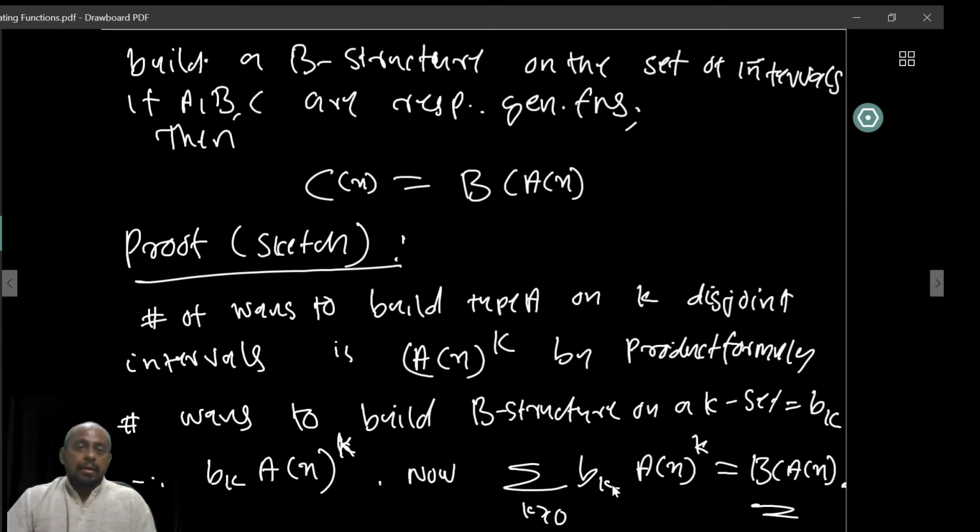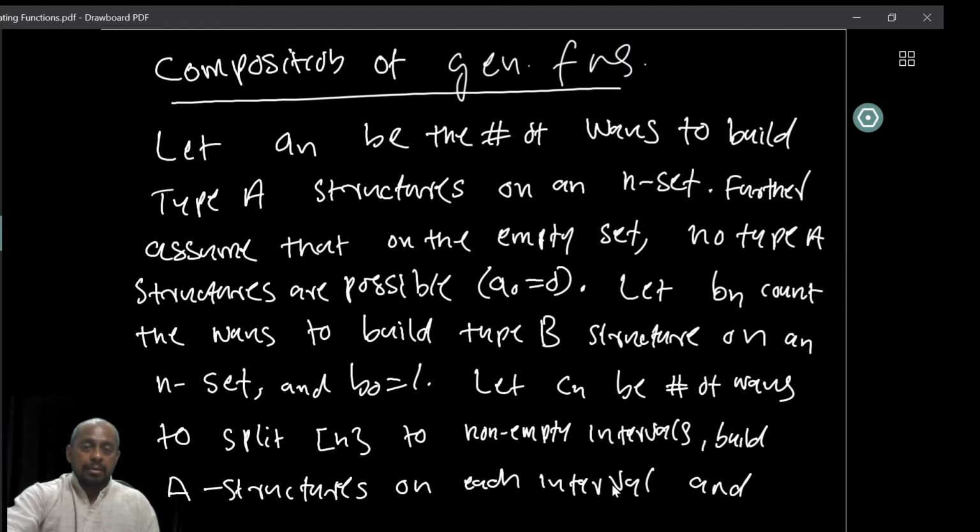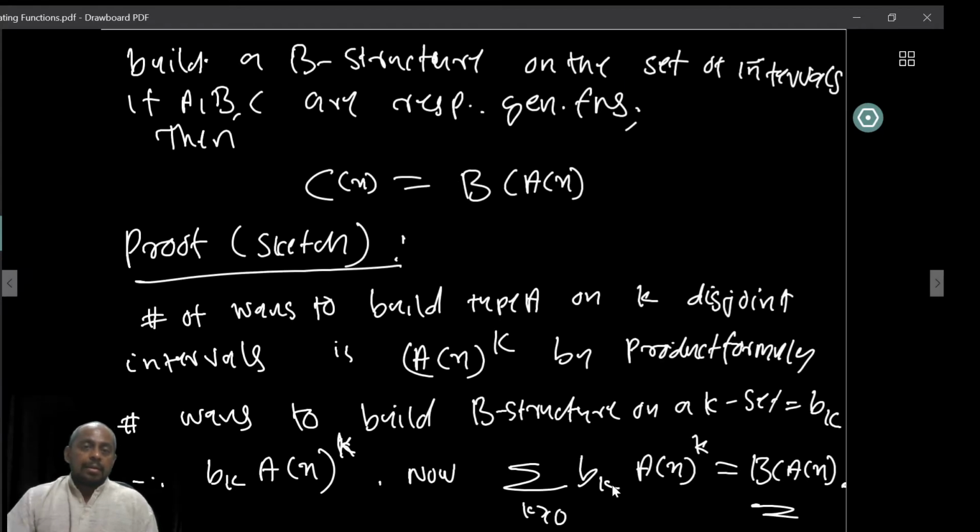And then build a B structure on the set of all intervals, so each interval you consider as one element, and out of these intervals you make B structures. Now if A, B, C represent the generating functions, where C is the generating function for the number of ways to do all these things together, then C of x is equal to B of A of x, where you substitute the variable of B with A of x.